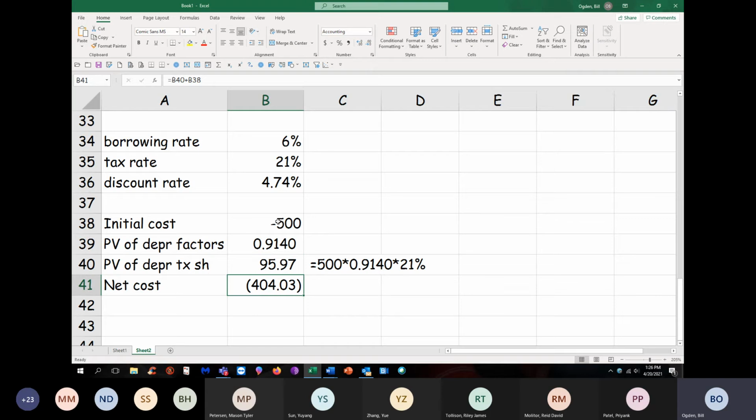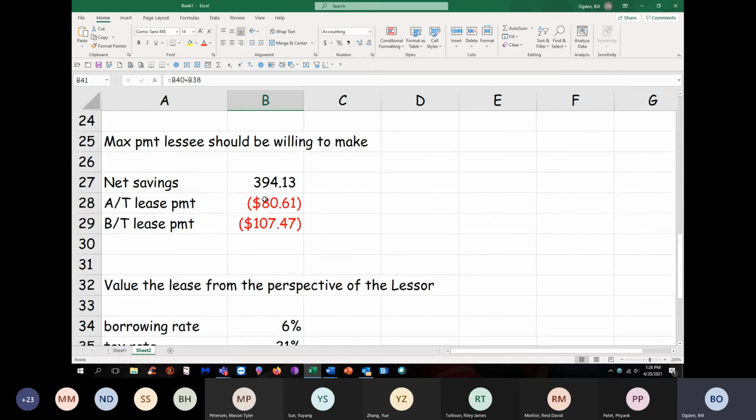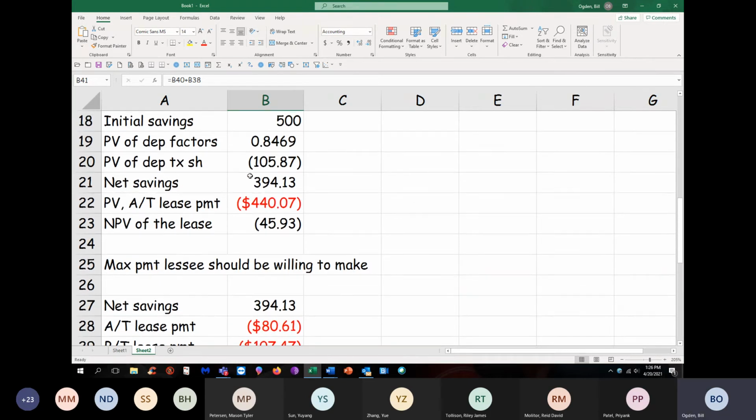All right. So what did we have up here? We said that in order for this lease to be viable for the lessor or lessee, the present value of the lease alternative must be less costly than the present value of the buy option.